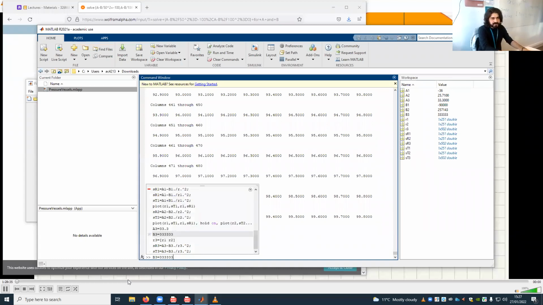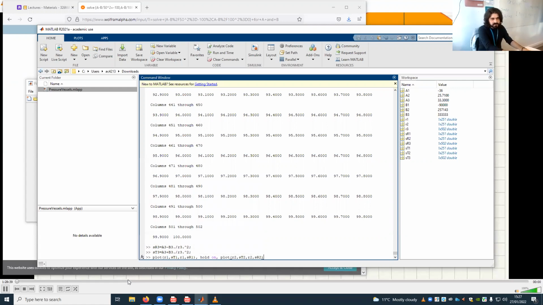And now I can plot everything again. Let's plot everything in blue. So the R1, R2, ST1, ST2, and this will be in blue.